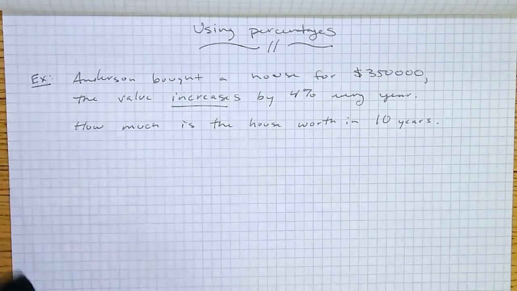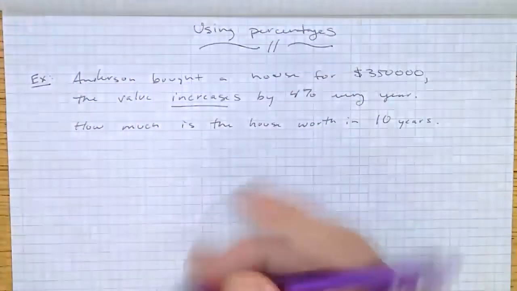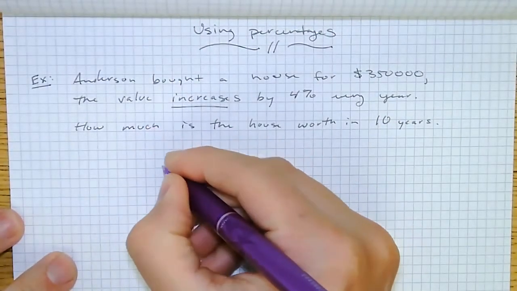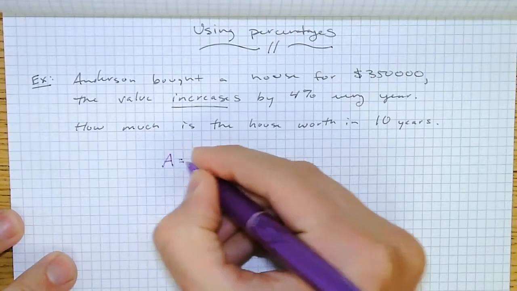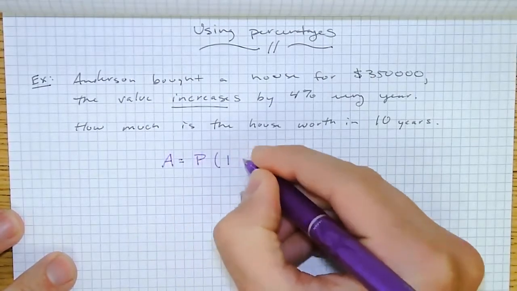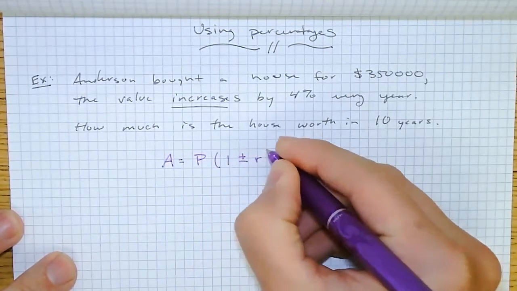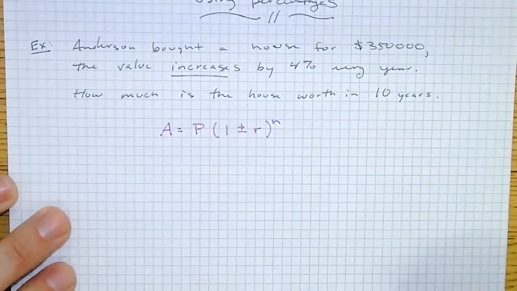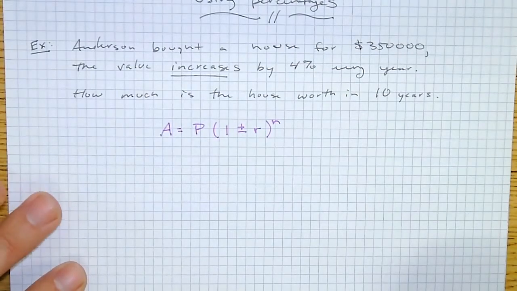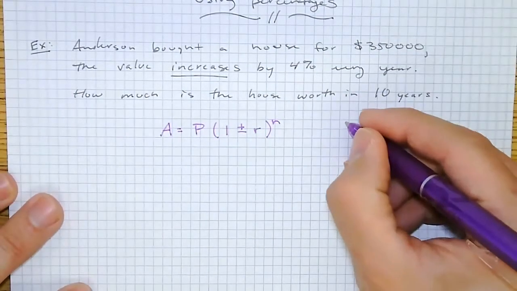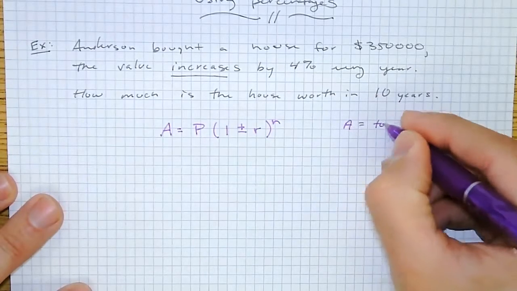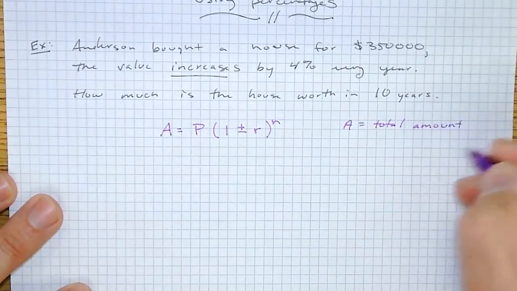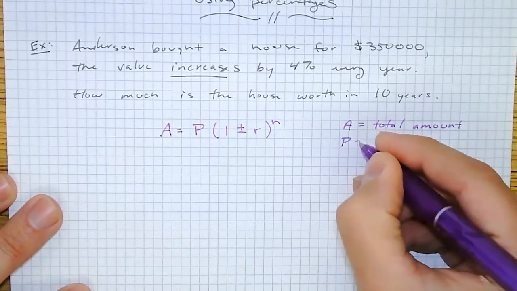All right, so what we have is a formula we use. A equals P times (1 plus or minus R) raised to the nth power. A is going to be our total amount, in this case how much the house is worth.